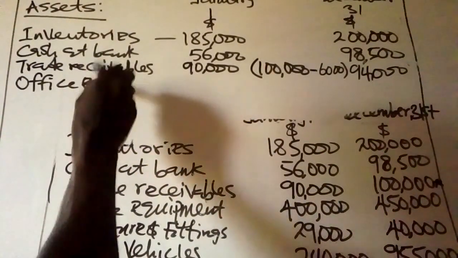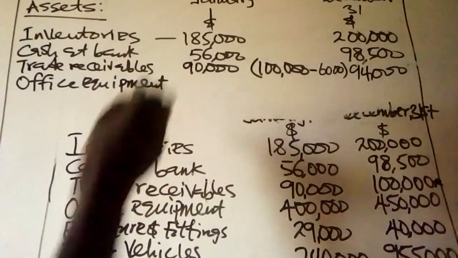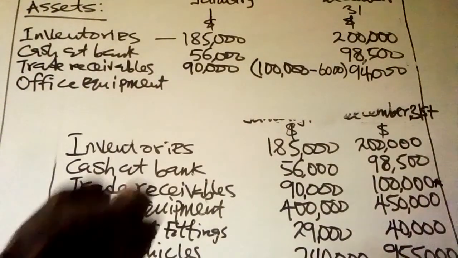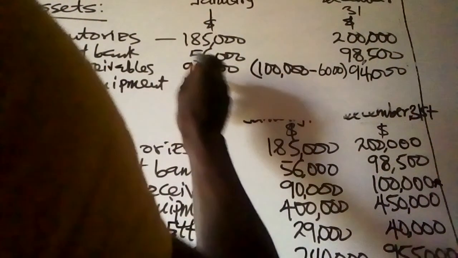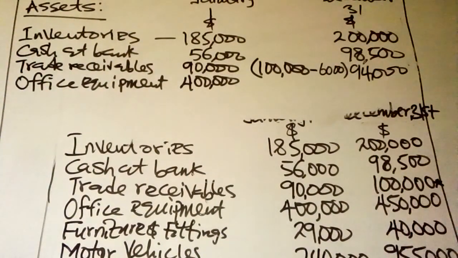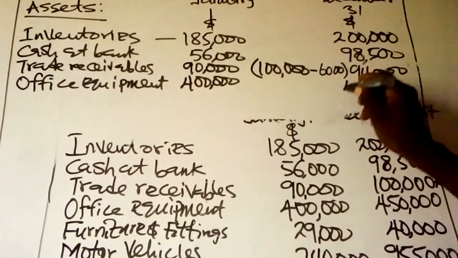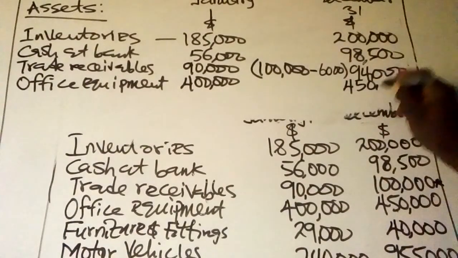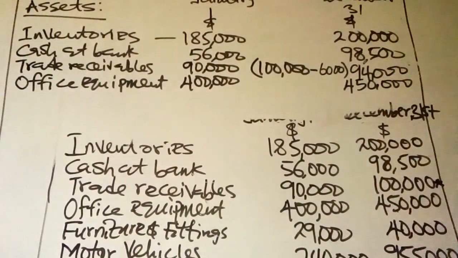There is no depreciation in the footnote for office equipment of 400,000. If depreciation were charged during the year, you would remove it from the closing balance, but there is none, so we have 450,000.